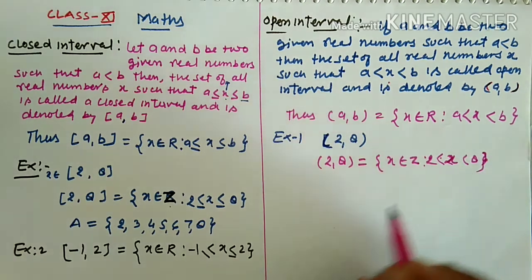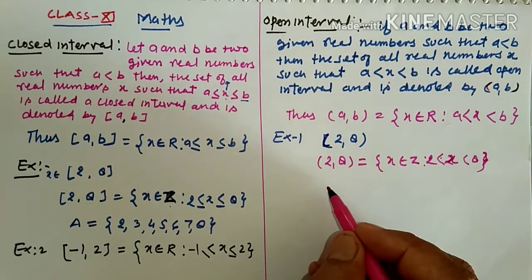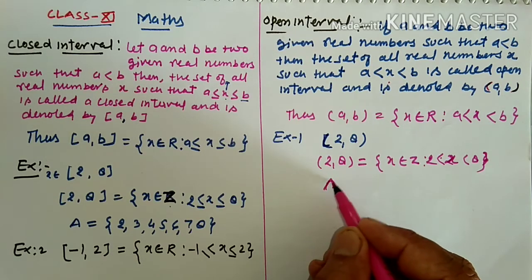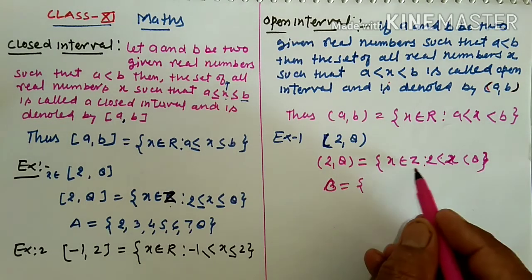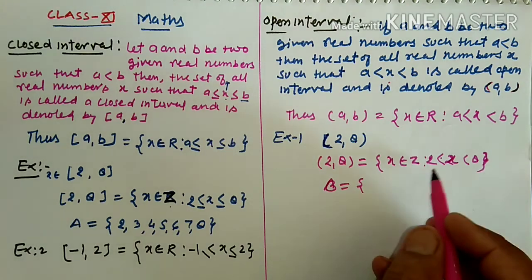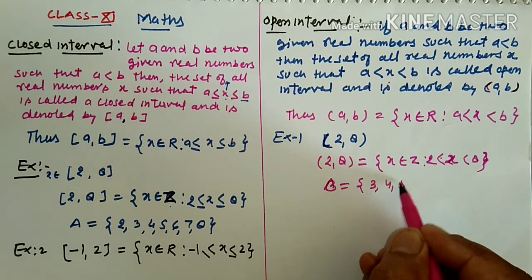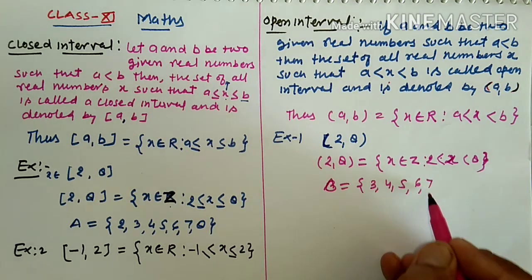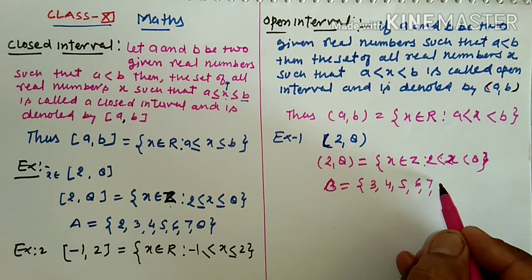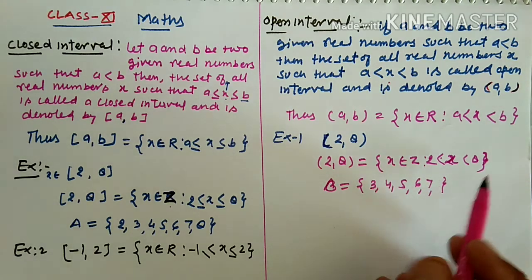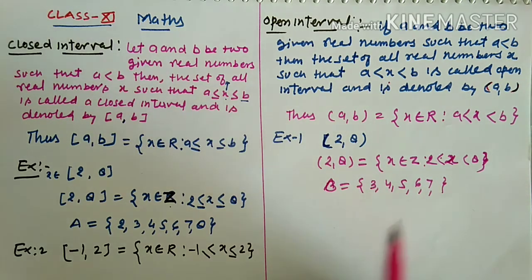So what elements do we get? We get a set B, suppose. In set B we will not take 2, so we get integers greater than 2: 3, then 4, then 5, then 6, then 7. No, we will not take 8 because x is less than 8. Clear? So I hope it is clear to you, the open interval and the closed interval.